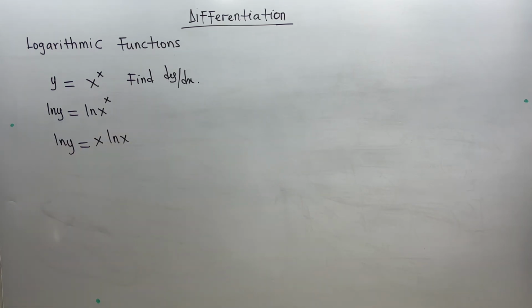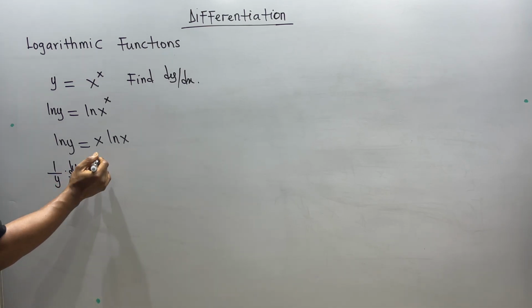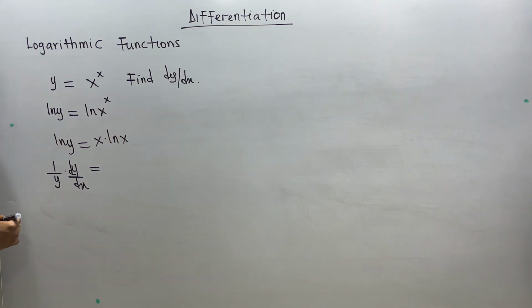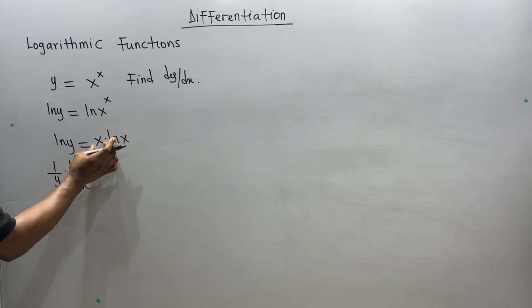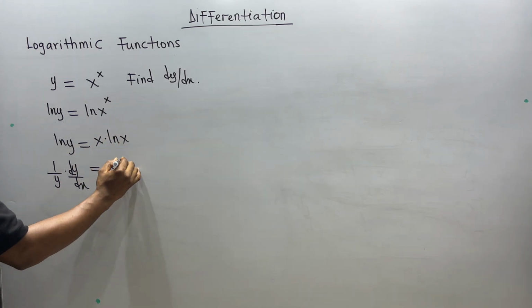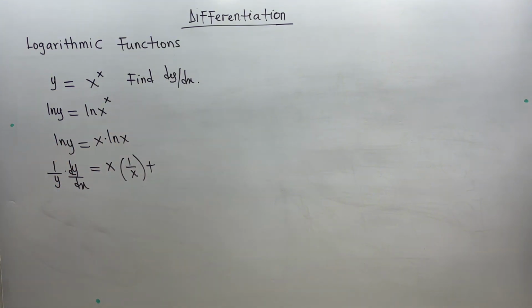Next step will be to find the derivative of the equation. If I find the derivative of ln y, I'm going to have 1 over y dot dy over dx. Then if I want to find the derivative of this value here, I'm going to apply the product rule. So I keep x, differentiate ln x, I want to have 1 over x, plus we're keeping ln x this time.